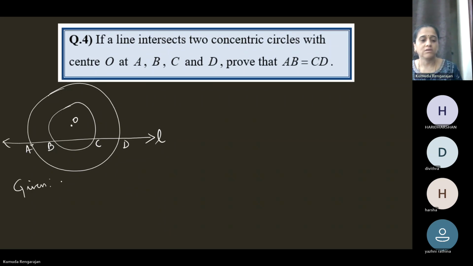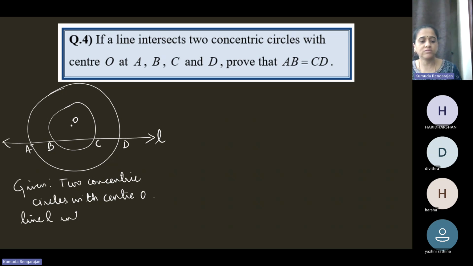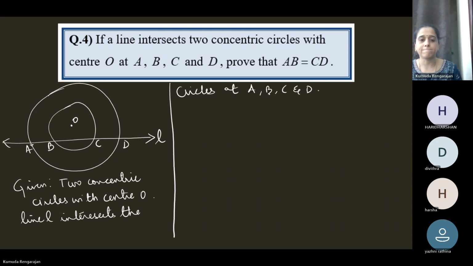Given: two concentric circles with center O, line L intersects the circles at A, B, C, and D. To prove: AB is equal to CD.